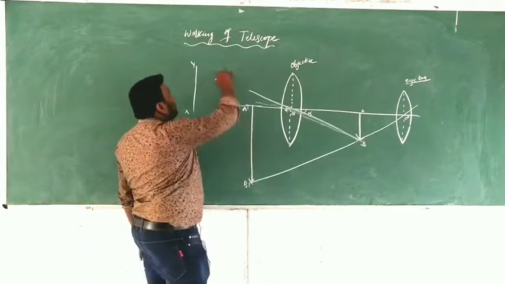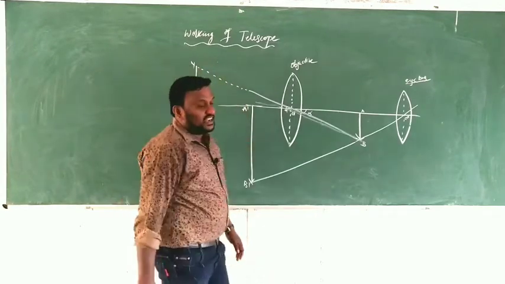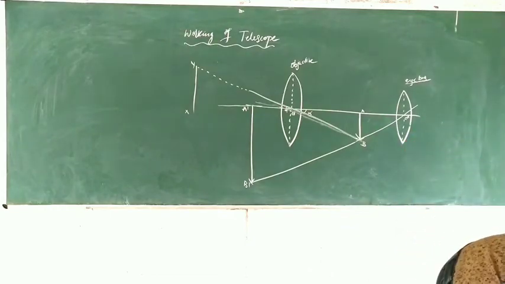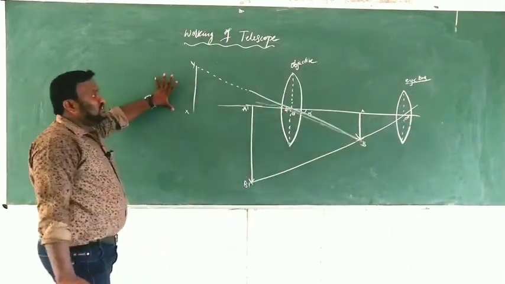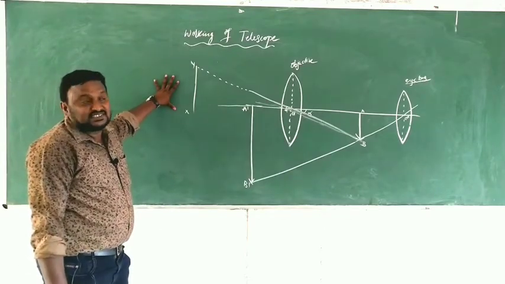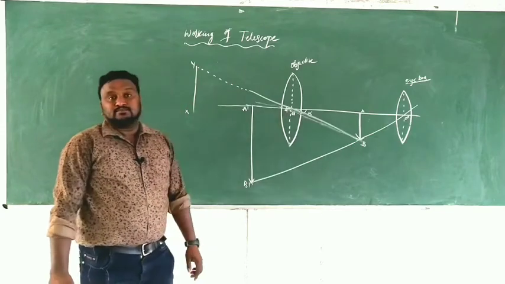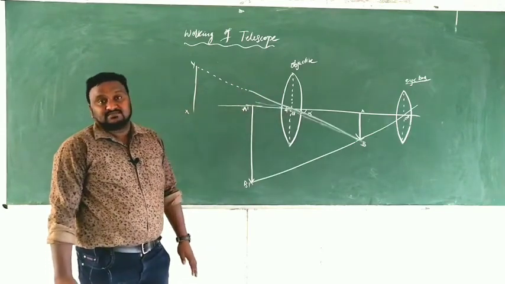The light rays coming from a long distance make some angle alpha at the optic center of the objective lens.